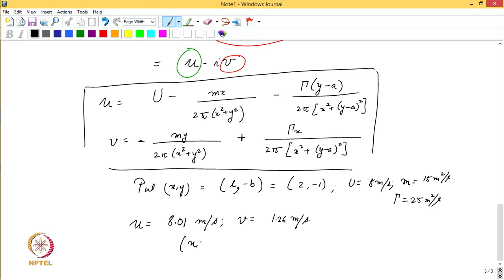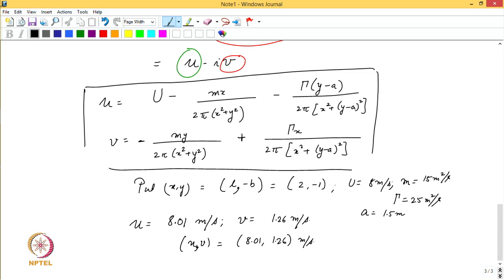So, at this point the two components u comma v are 8.01, 1.26 meter per second, very importantly both pointing in the positive direction. That is just by substituting these numbers, and also using of course a, which I believe was about 1.5 meters. So, that is for you to then work out.